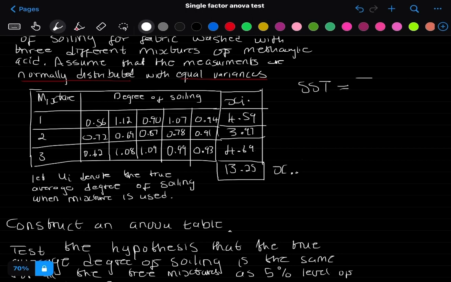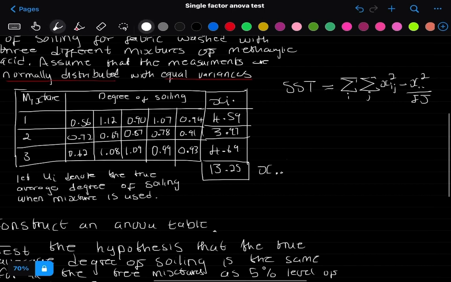So it is like this: the double sum over i and j of Xij, which is an observation, squared, minus x dot dot squared divided by IJ. And then our treatment sum of squares will be SSTR.